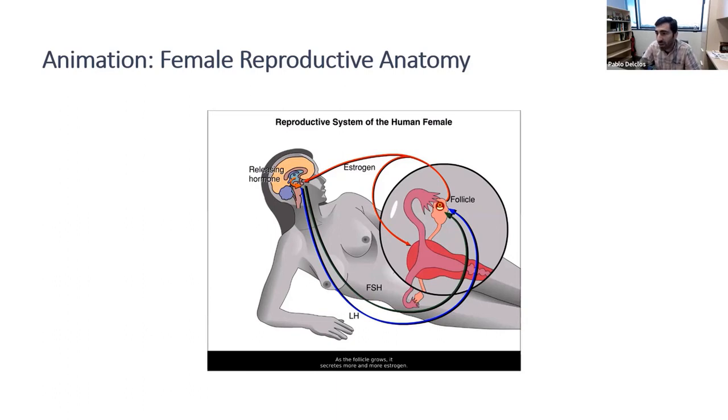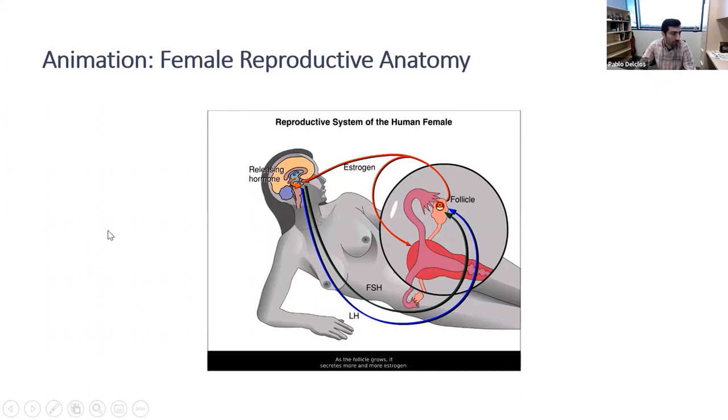A negative feedback is where a compound like estrogen binds to a certain site in the brain and then inhibits the production of LH, luteinizing hormone, and FSH, follicle stimulating hormone. So the production of one compound results in the reduction of the production of these two others.